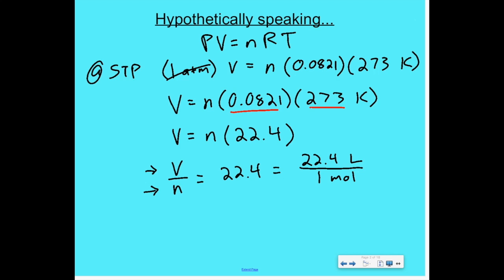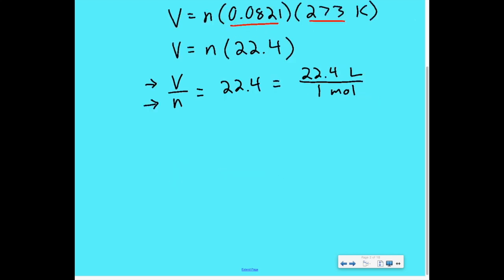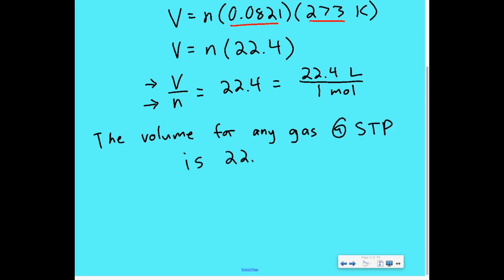For any gas, the volume of 1 mole of any gas at STP is 22.4 liters. Notice I did say that it is at STP. STP is really important, and this is also for any gas.